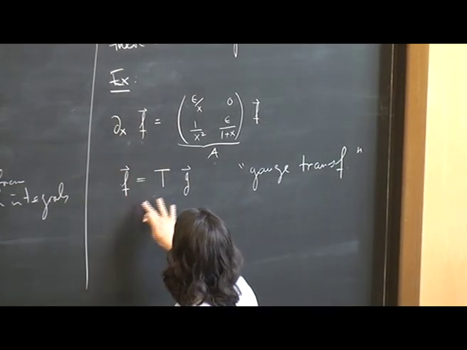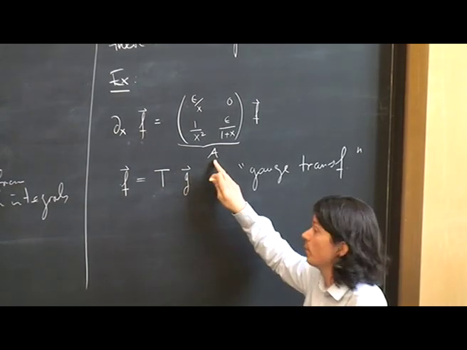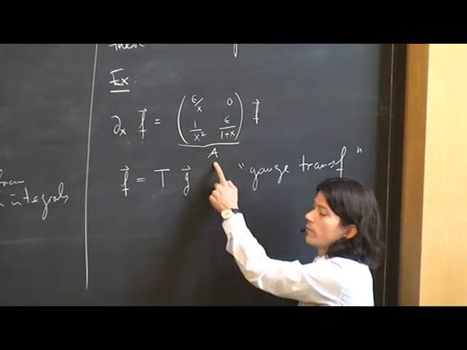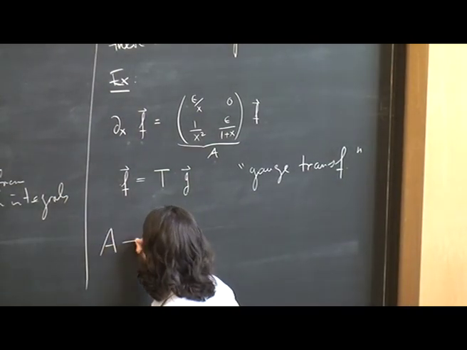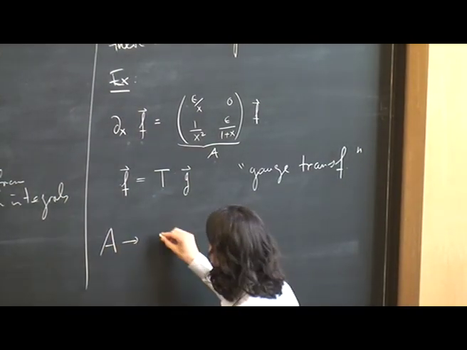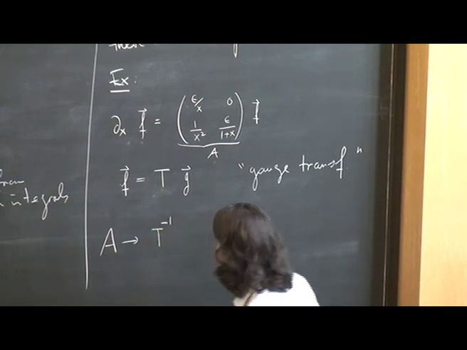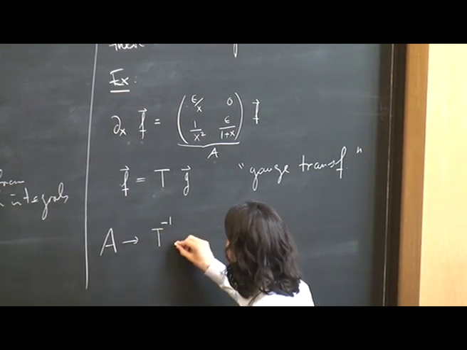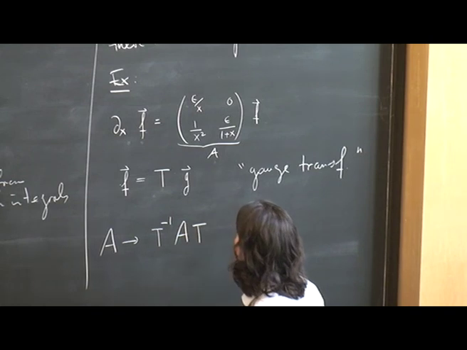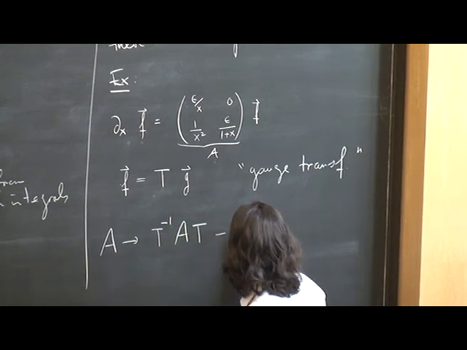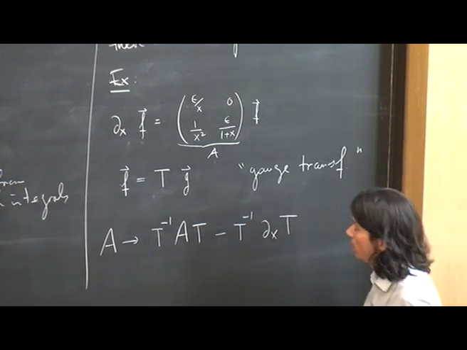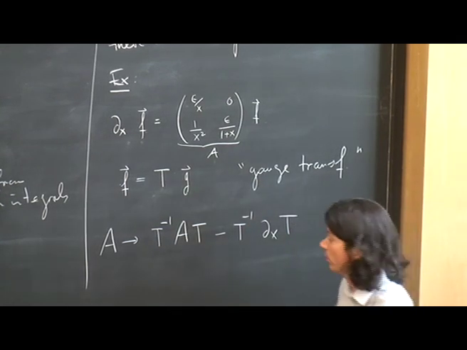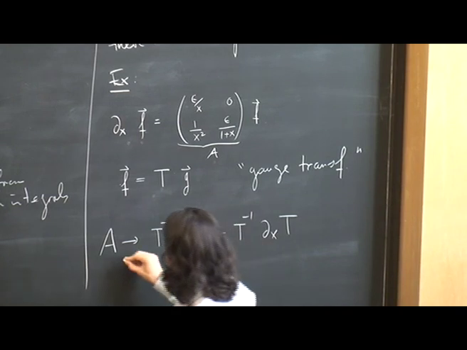But just plugging this in, we can compute that we will get again an equation of this type with a new matrix A. And the new matrix A is given by the following: T inverse of A times T minus T inverse derivative of T. Just by using the chain rule, we get this.